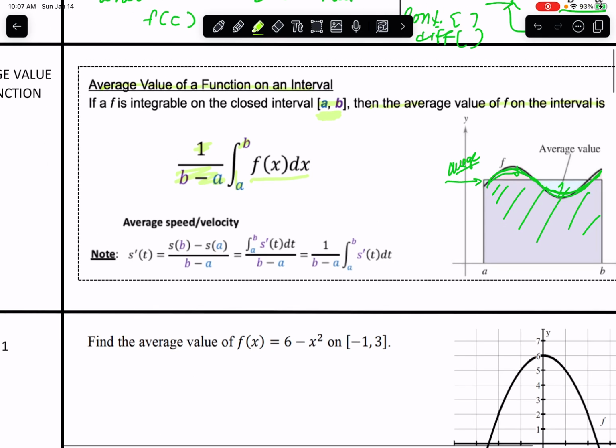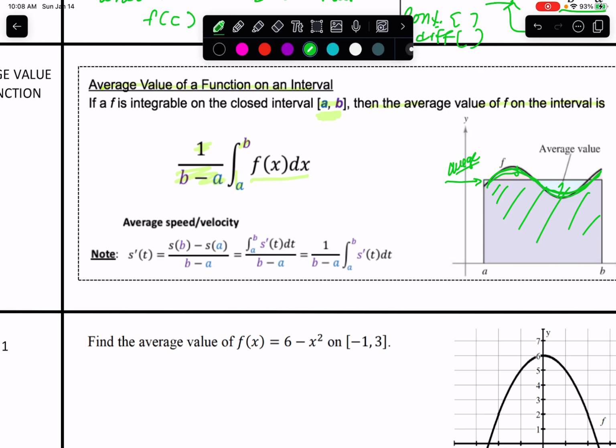What you need to know, which is probably the most important thing I'm going to tell you today, so I'm going to use purple, is that the average value of something has the same units as that something.